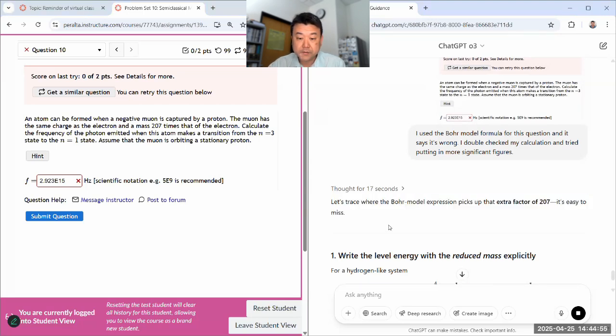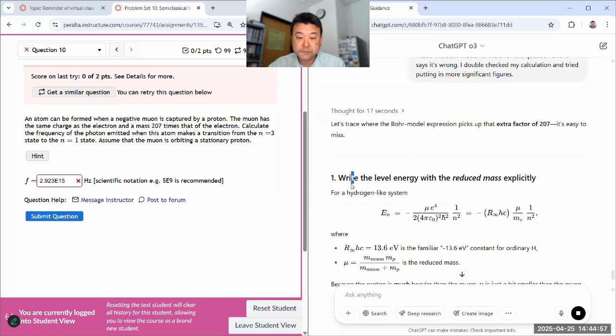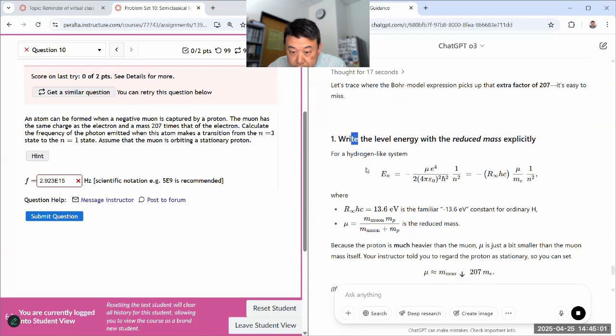Yeah, you have to kind of imagine doing all that formula stuff. So for a hydrogen-like system, this is the full expression. The mu is probably, yeah, that's the reduced mass.